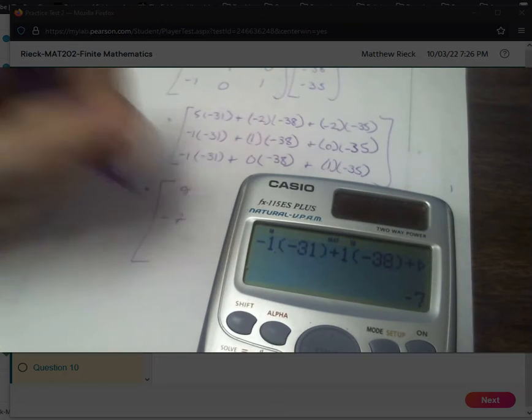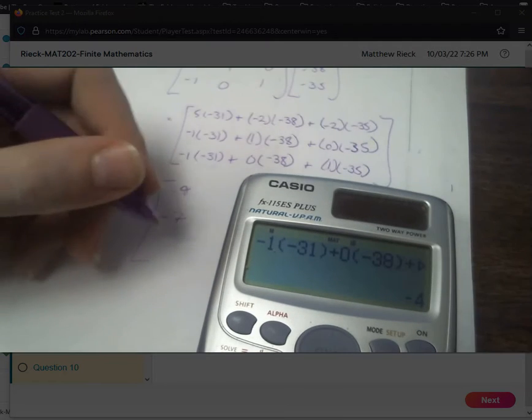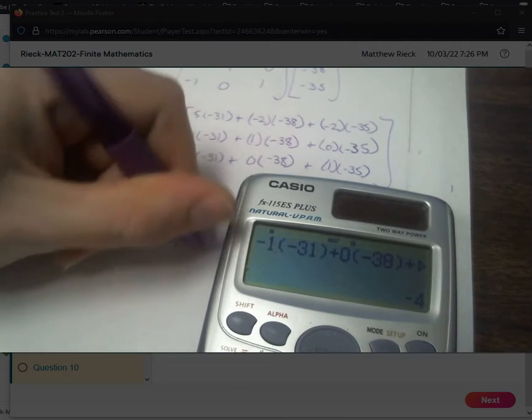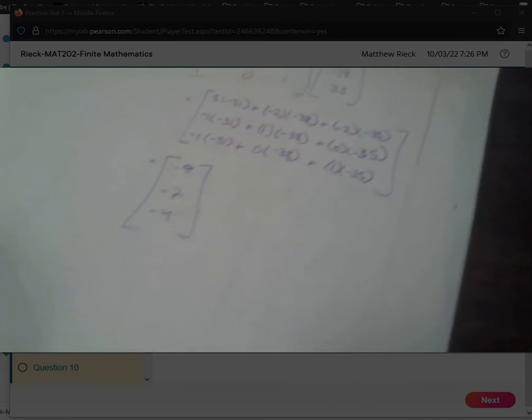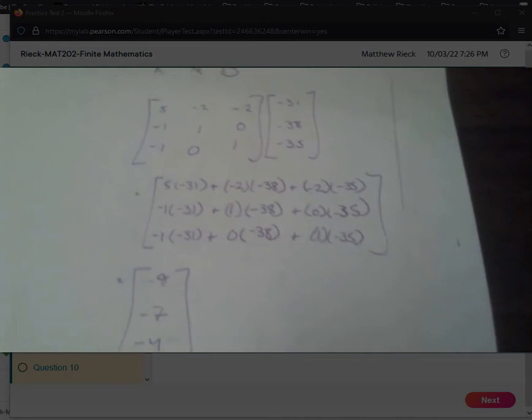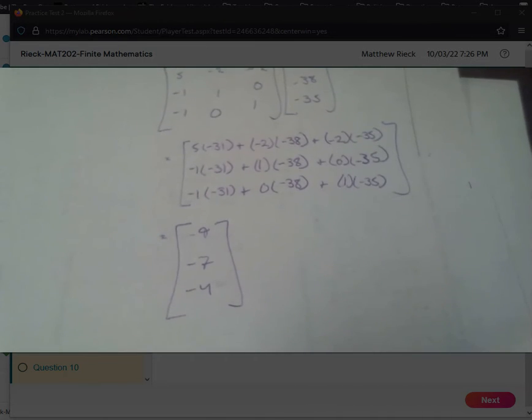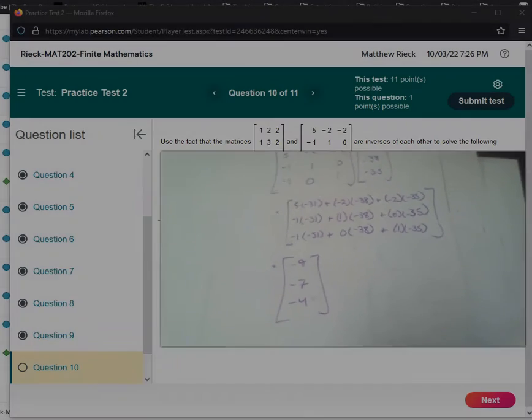So we have -7. And finally, here we have -1 times -31 plus 0 times -38 plus 1 times -35. We have -4. So in this case, we have -9, -7, -4.